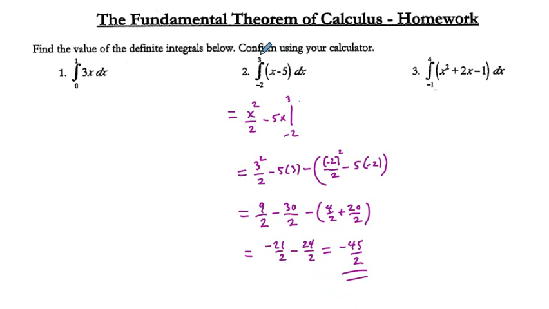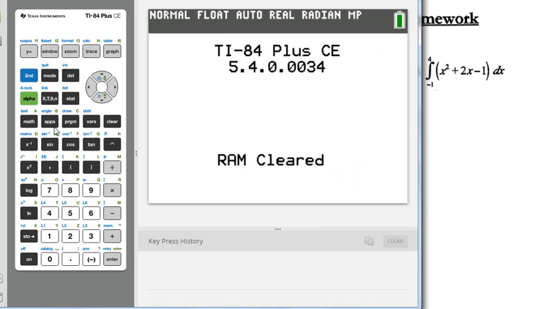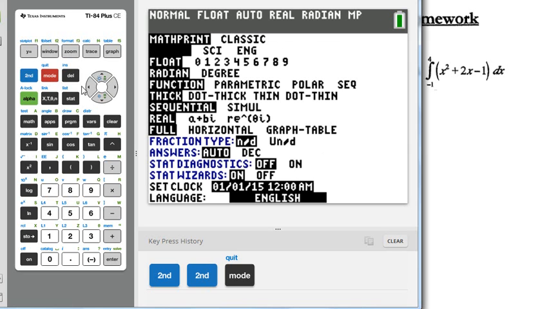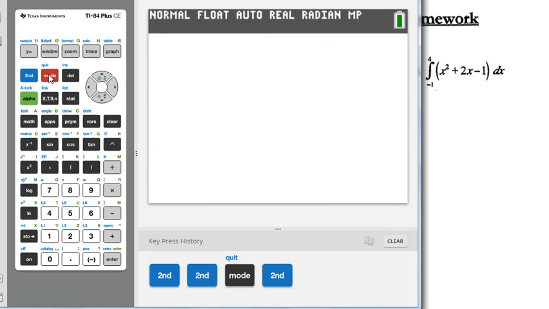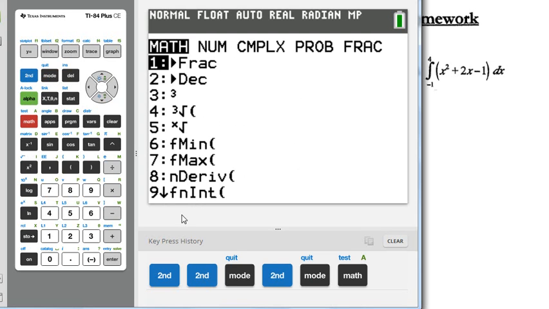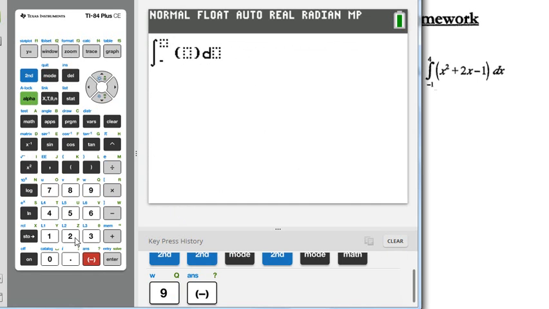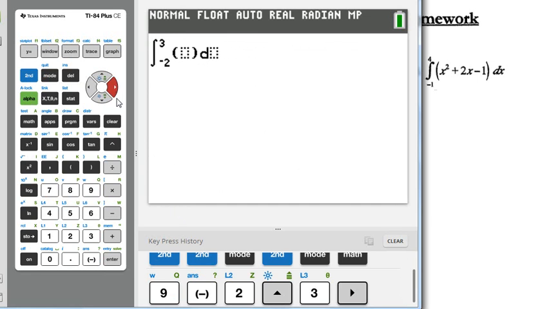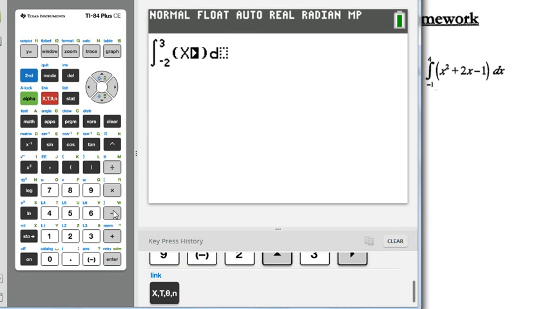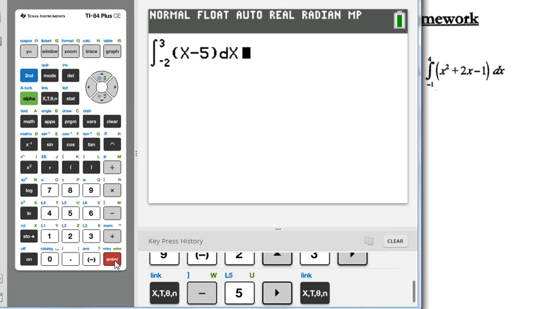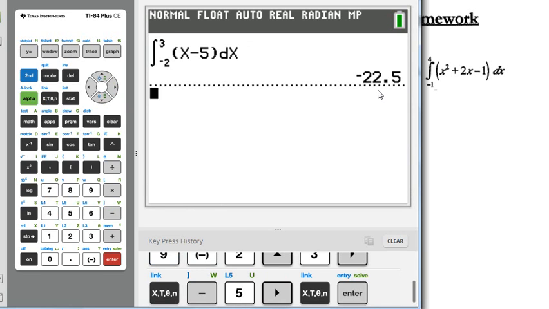Now it says confirm using your calculator. I'm not going to confirm for all of these, but just show you how it can be done. If we go to math, we go to finite integral, which is 9, and we're going to integrate from -2 up to 3, and we're going to have x minus 5 and dx, which we get -22.5, which is the same as -45 over 2.